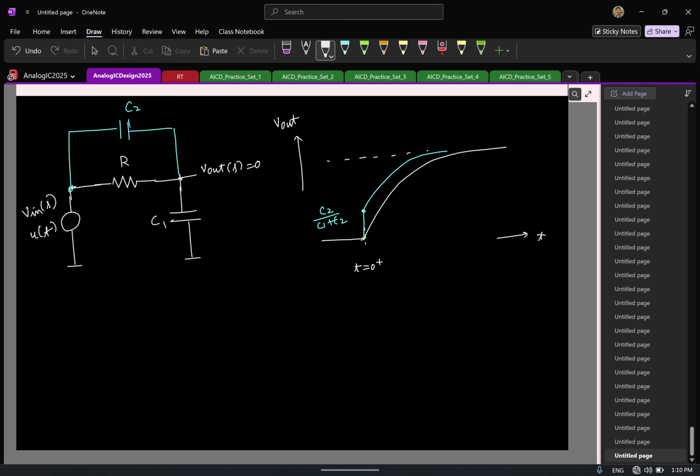So let me write it here. V in of S times SC2 plus the current through the resistor here, that is V in of S. The sum of these two currents must be equal to 0. I know V in of S is non-zero because I am applying a non-zero input. So this results in a 0 location, and is it located in the left half plane or right half plane?